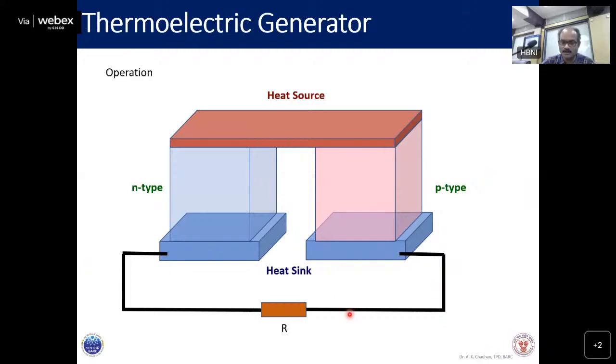Because of the high temperature, the electrons will be moving, the same way the holes will be moving, and through an external circuit they will move and recombine, and then effectively a current will be flowing.